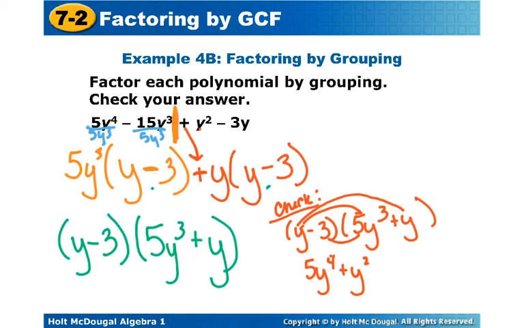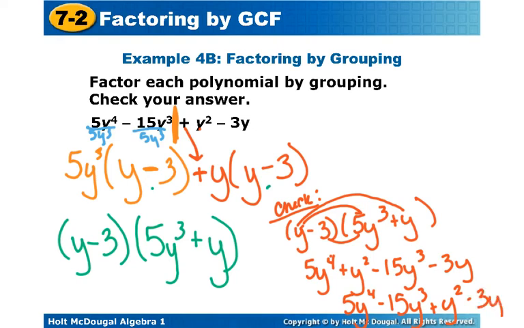Negative 3 times 5 is negative 15y cubed. Negative 3 times y is negative 3y. Rewriting in standard form, 5y to the fourth minus 15y cubed plus y squared minus 3y. And double checking with what I started with, it's exactly what I started with.